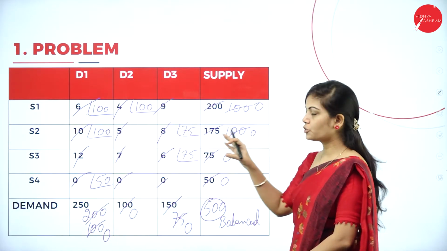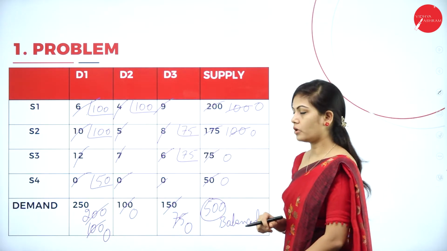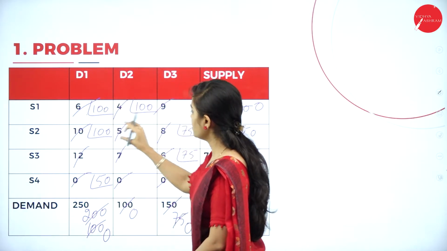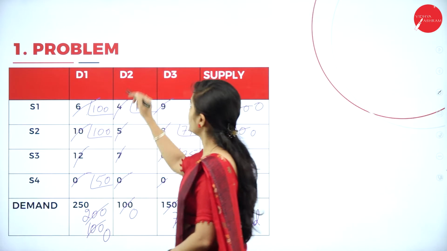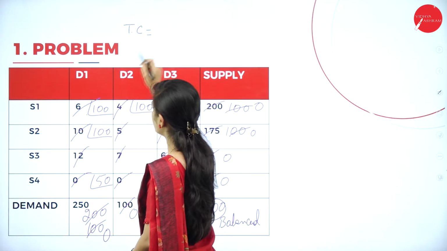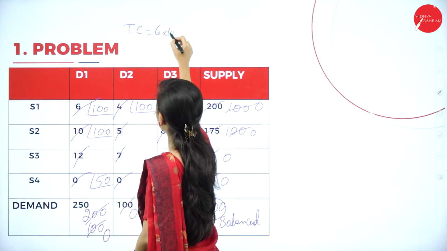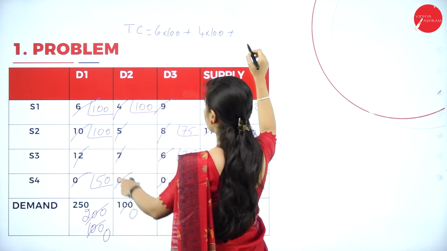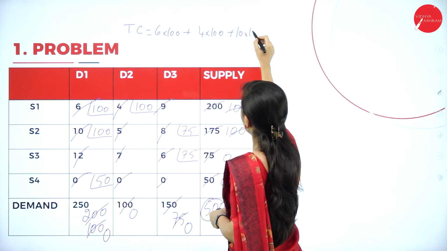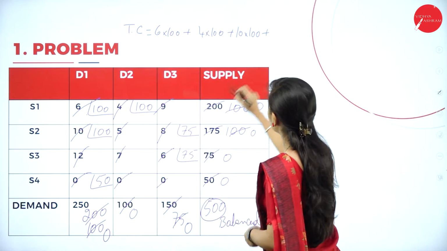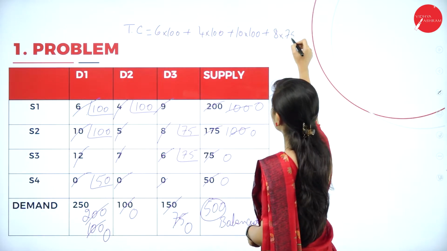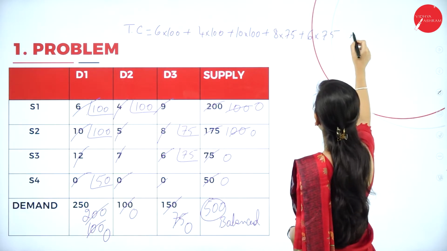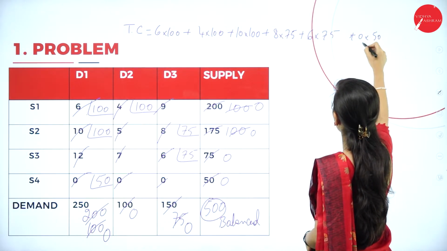So the next step is you have to find the transportation cost. So how to find the transportation cost? You have to consider the allocated cell values. So for finding transportation cost, 6 into 100 plus 4 into 100 plus 10 into 100 plus 8 into 75 plus 6 into 75 plus 0 into 50.